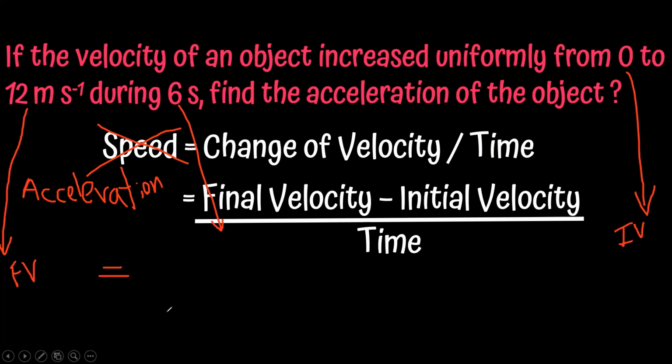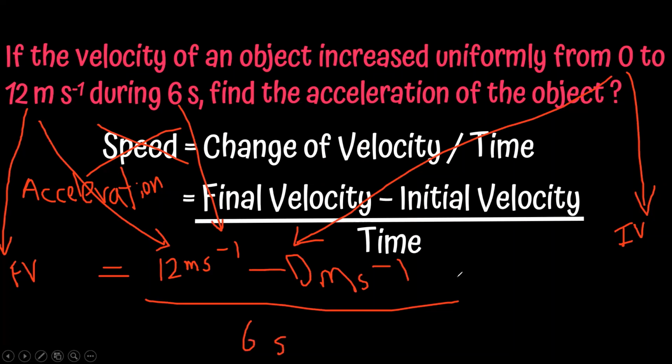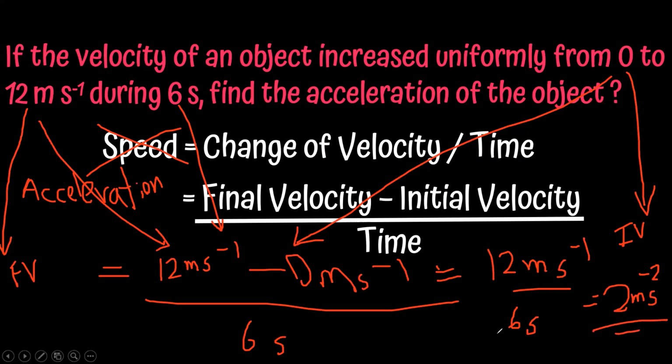Let's solve this. Final velocity 12 ms^-1 minus 0 ms^-1, divided by 6 seconds. 12 ms^-1 divided by 6 seconds equals 2 ms^-2.